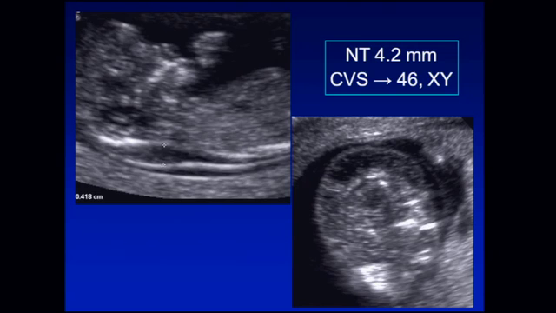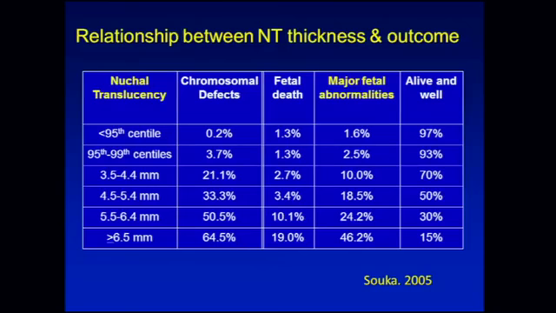This fetus has an increased NT, 4.2 millimeter, but the chromosomes were normal. So what are the chances that the baby will be normal? If we look at this table, we can see that when the nuchal translucency thickness increases, there is an increased prevalence of adverse outcomes, and these include chromosomal defects, fetal death, and major fetal abnormalities.